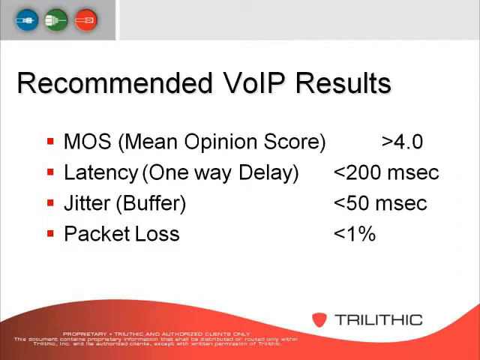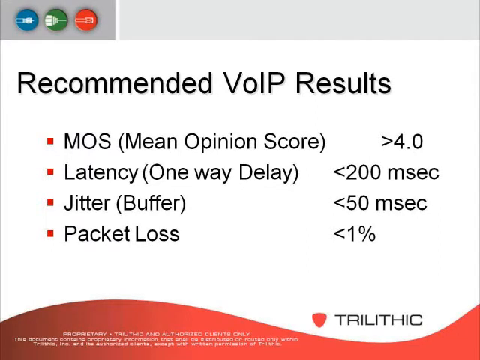So your recommended voice over IP results for your mean opinion score, you want it greater than 4. The actual industry standard is a 3.6, but 4, I'd like to keep that as an easy number to remember, to have it in the 4s.